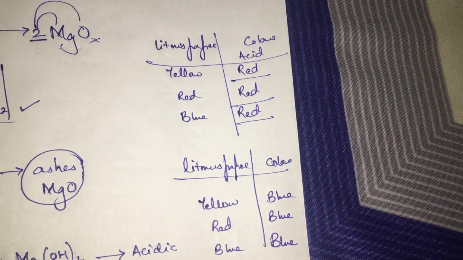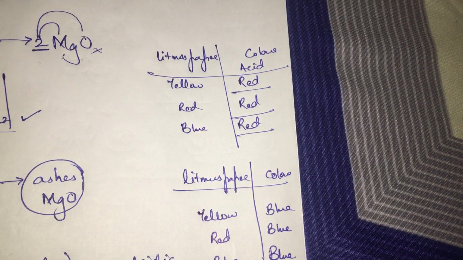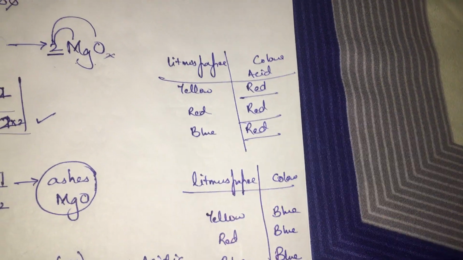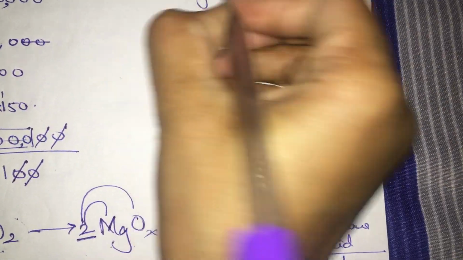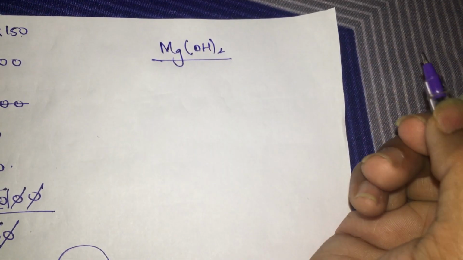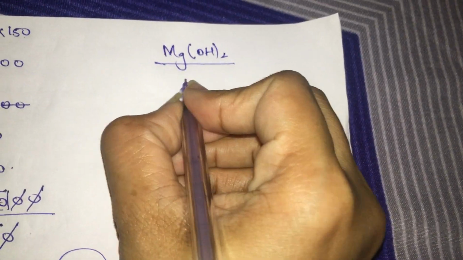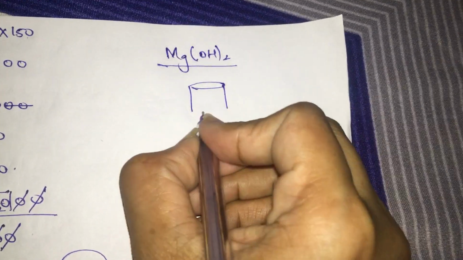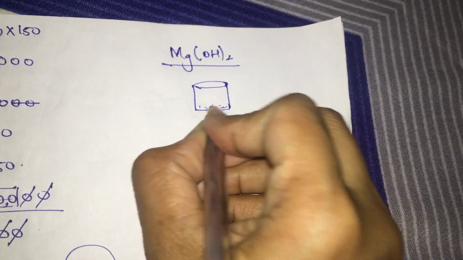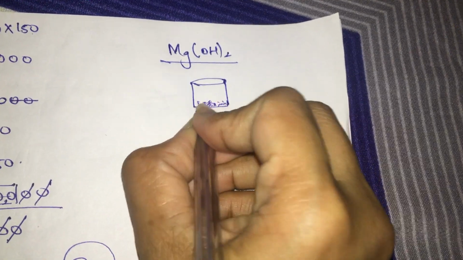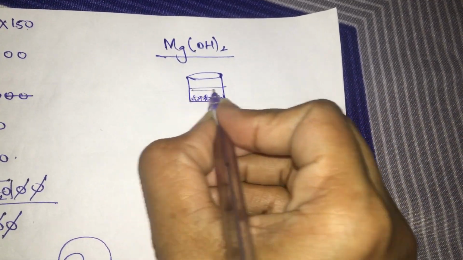Okay, so this is how the thing is done. So we have MgOH2, right? This MgOH2, we are taking it in a beaker. There are some ashes in here and there's a liquid in here.